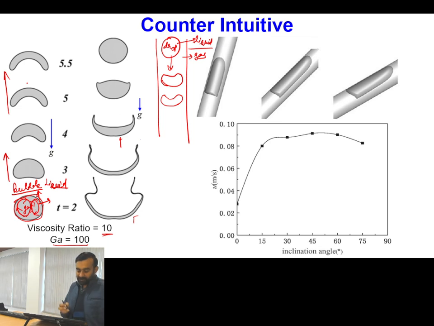On contrary, because of high viscosity of this liquid medium, these internal circulations will not be there within the liquid. So as there is no internal circulation, it means internally there are not much stresses. So from internal side this liquid droplet will not be feeling any resistance to the flow.